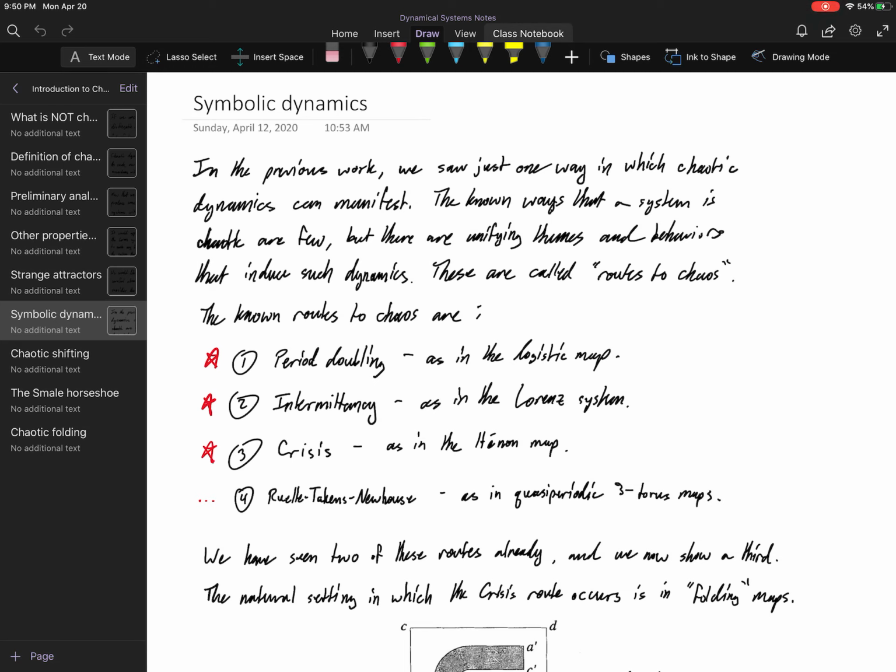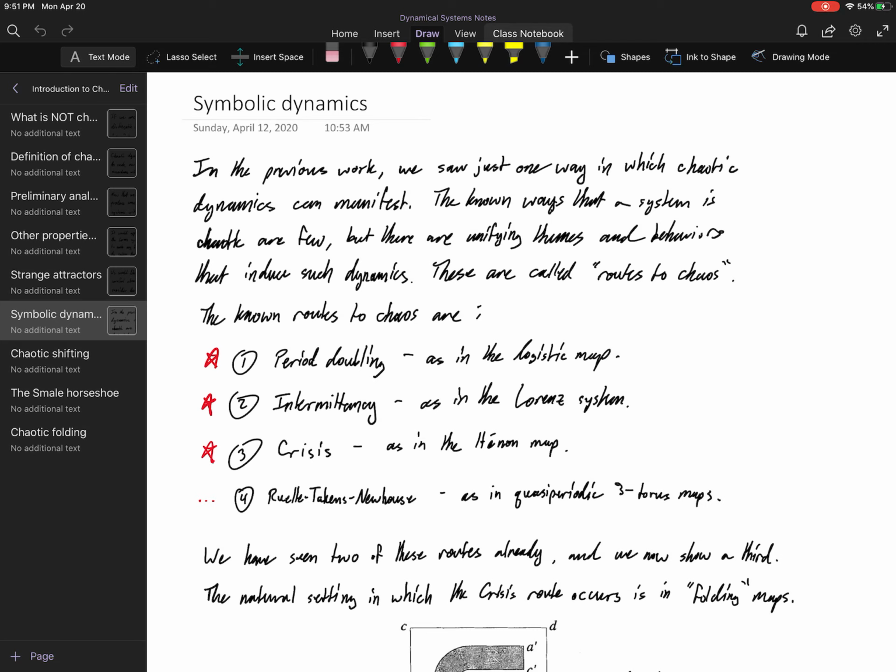We are essentially trying to track all the different ways that a system could be chaotic, and frankly, over the past 50 years our analysis has been really intense, but has only produced 4 unique ways that we can actually see chaotic dynamics. These are what are known as the routes to chaos. Some of the routes we've already seen before.